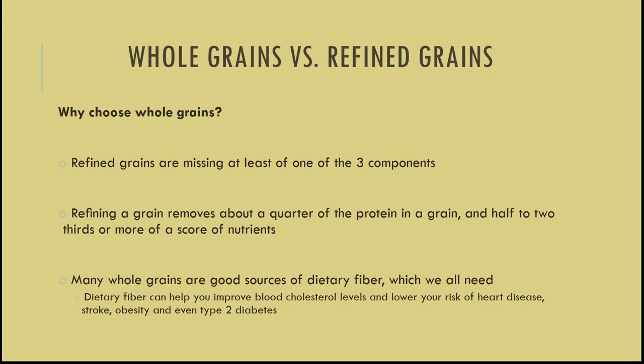So refined grains are less recommended because they have fewer nutrients. It also removes some of the fiber, which is important, that we've talked about in the fruit and vegetable week, and we will also speak about this more today.